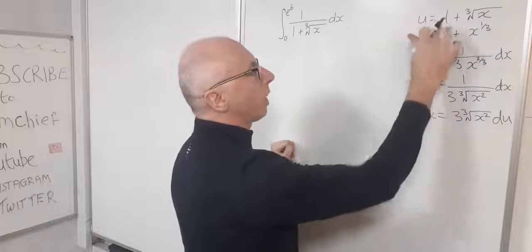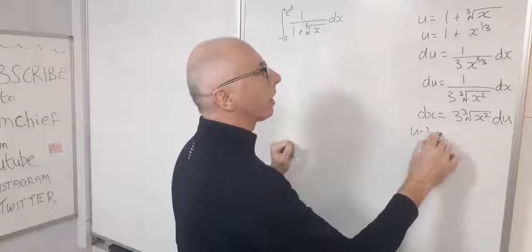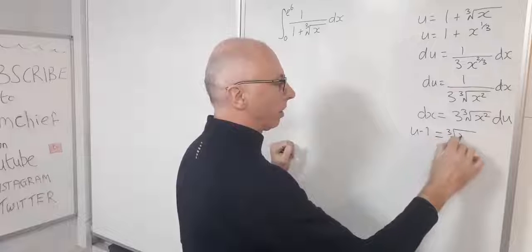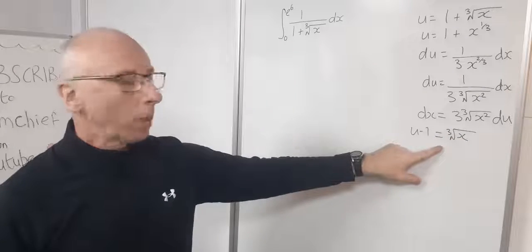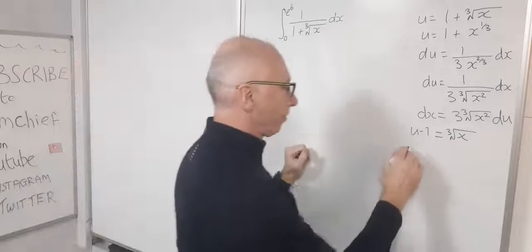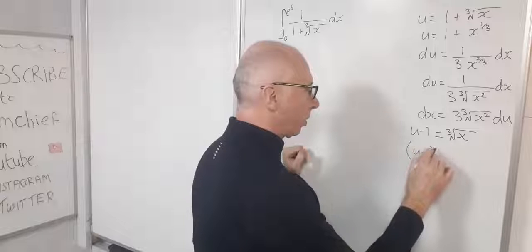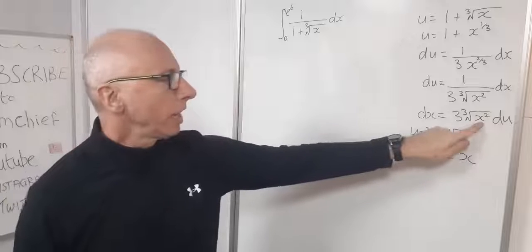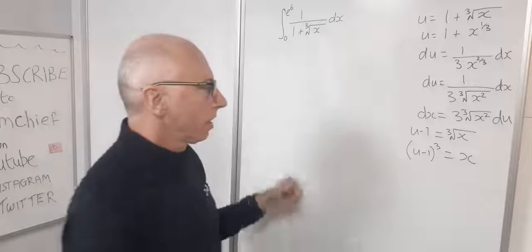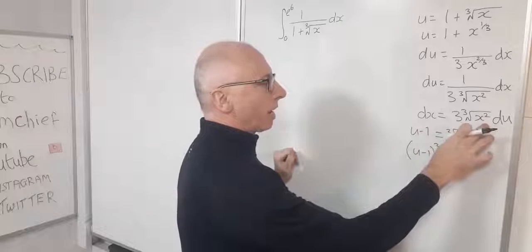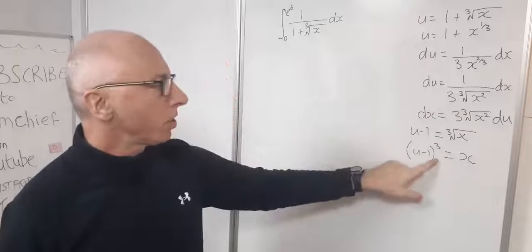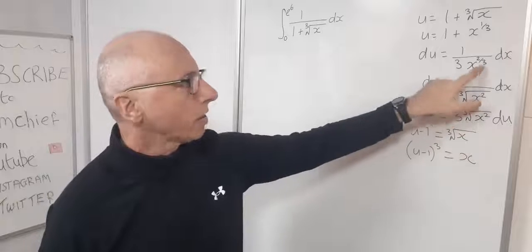Okay, so u minus 1 equals cube root of x. And then if we cube both sides, we'll get x on its own. So now we've got u minus 1 cubed equals x. But we want x squared, or rather x to the 2/3.